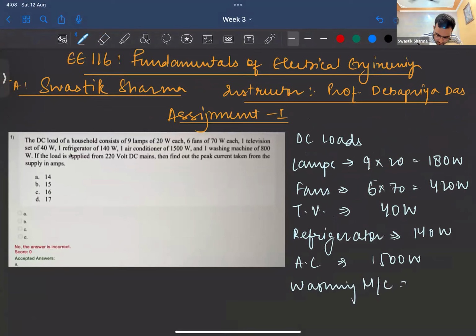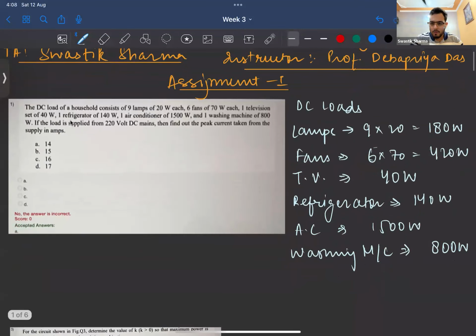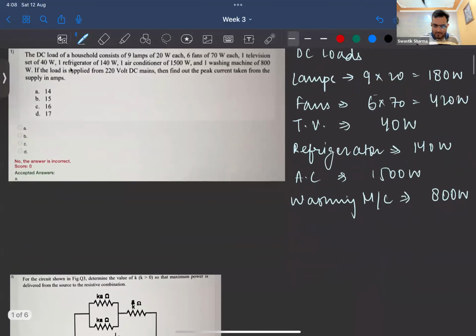Can anyone tell me what's the next step, or can anyone do the addition and let me know the total load?